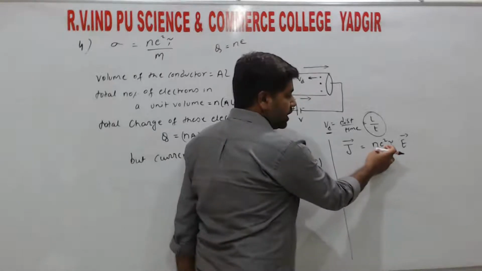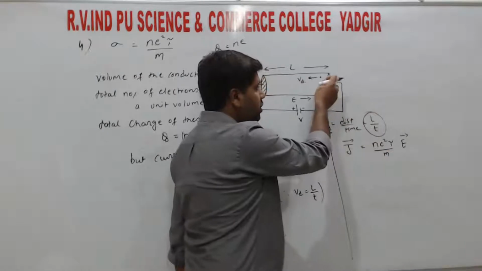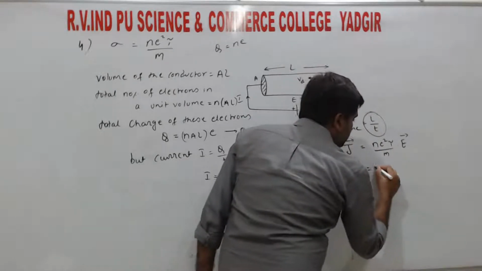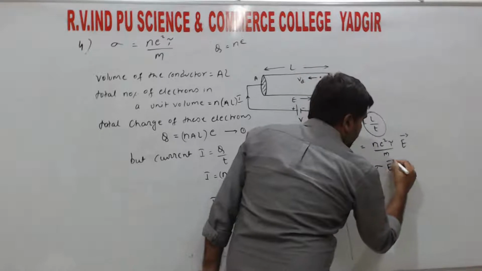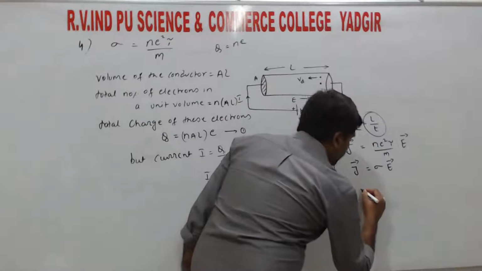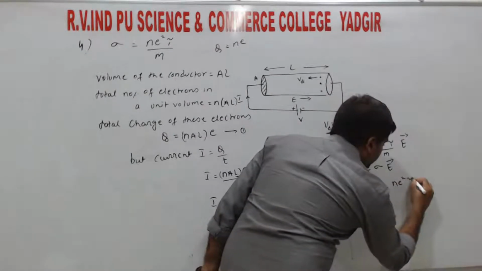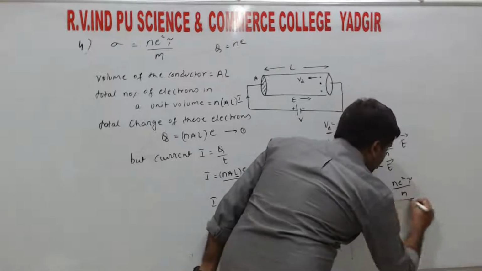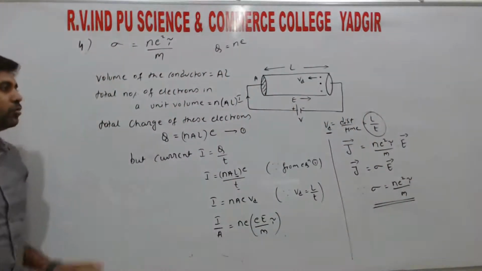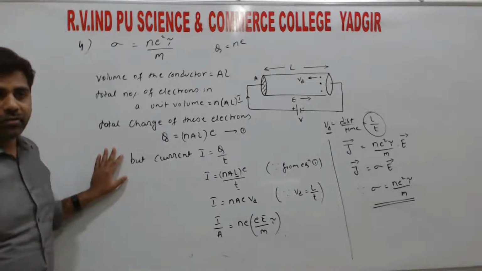Now n is constant, e is constant, the mean relaxation time is constant, and the mass of the electron is also constant. So we can replace this with the constant sigma, giving J is equals to sigma into E, right? Therefore sigma is equals to n e square tau divided by m. So this one is the final derivation, right? Very important and simple, but this derivation has been asked many times for 5 marks, right?